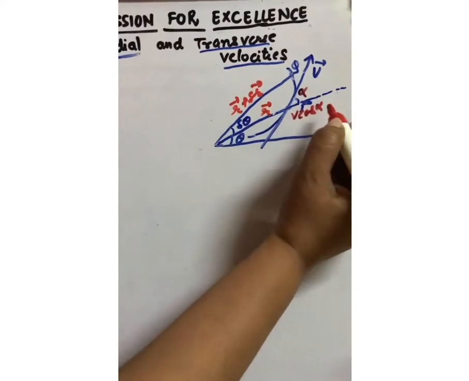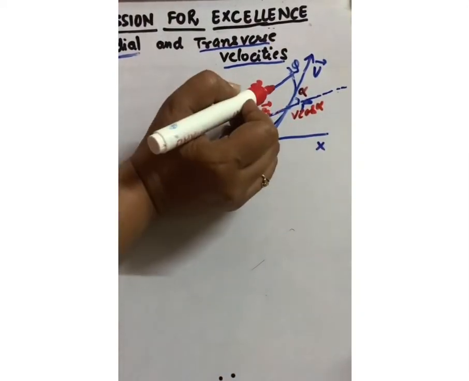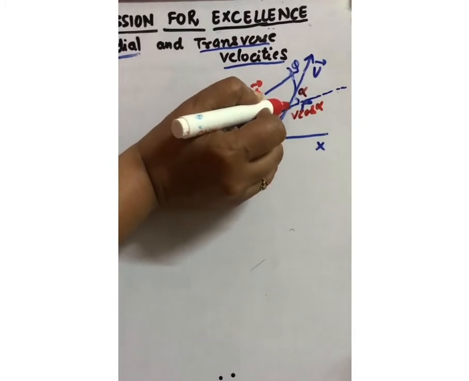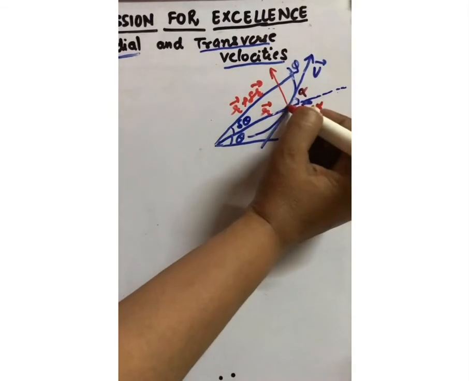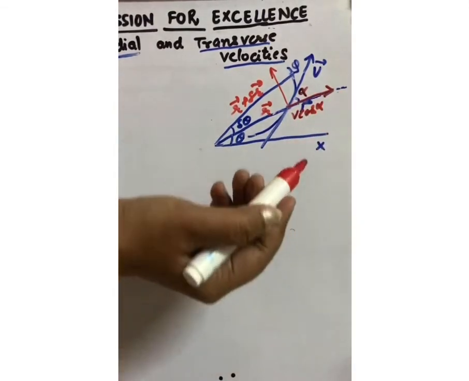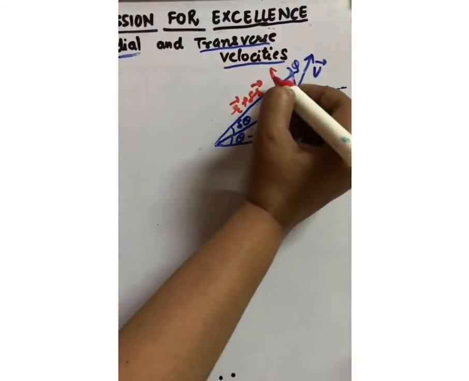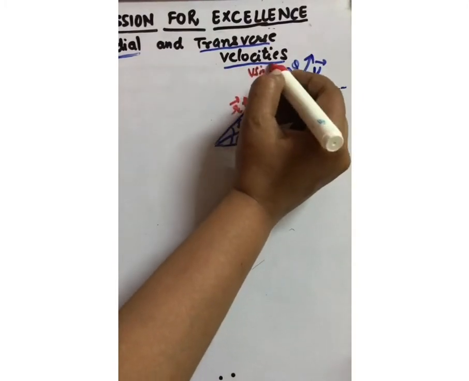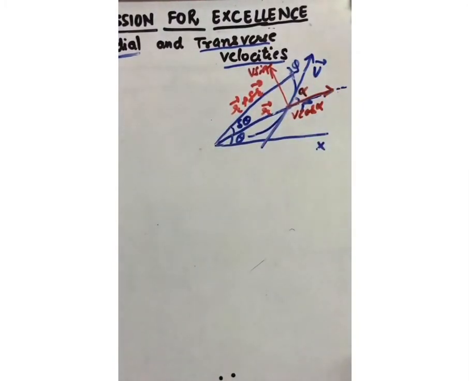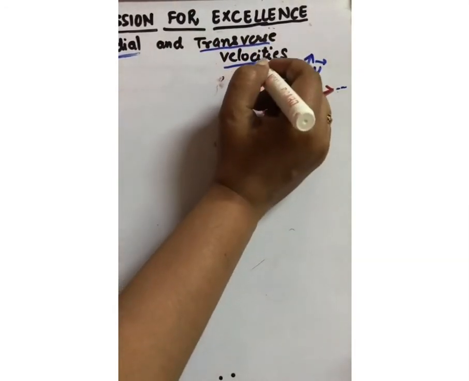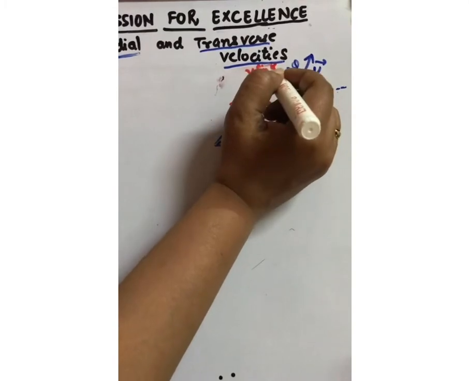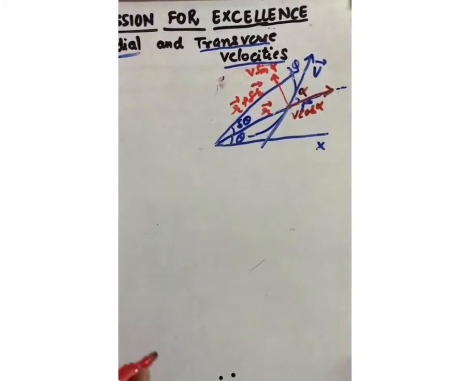And the component of velocity in the direction perpendicular to this is v sin alpha, in the normal direction.